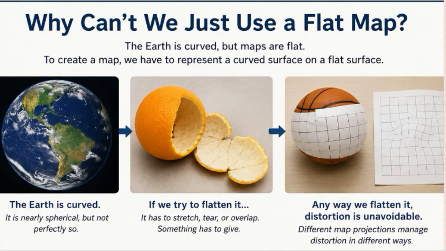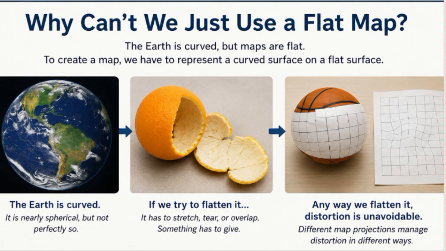Then I'd ask you to peel the orange and lay the heart of San Luis Obispo, where you drew it, flat and in the center right in front of you on the table. Kind of like in this middle image. You would find that you'd have to distort some of the orange peels. You'd have to move it. You'd have to make some other pieces longer or shorter or in a different area to show that heart.